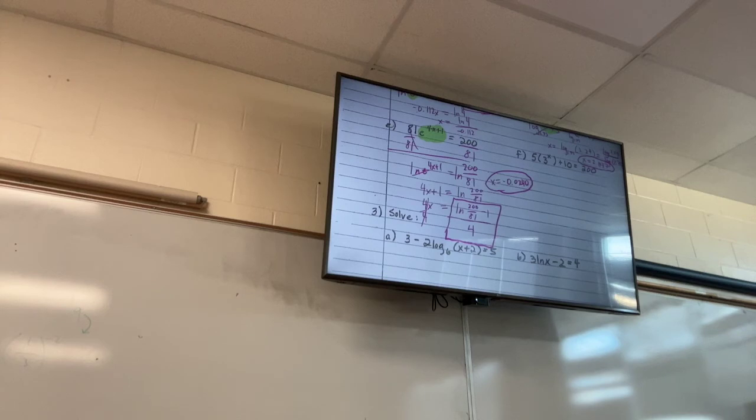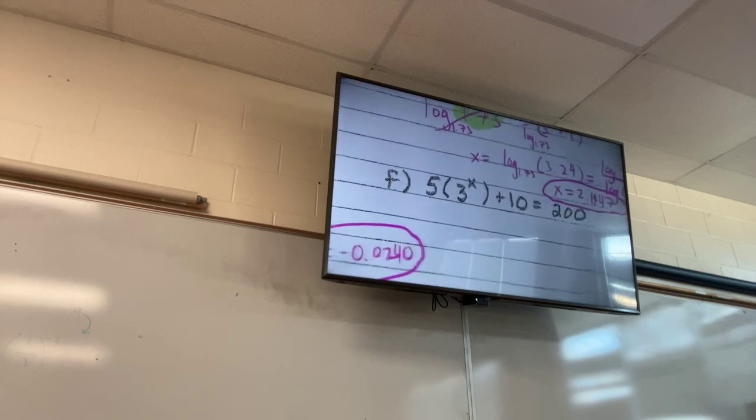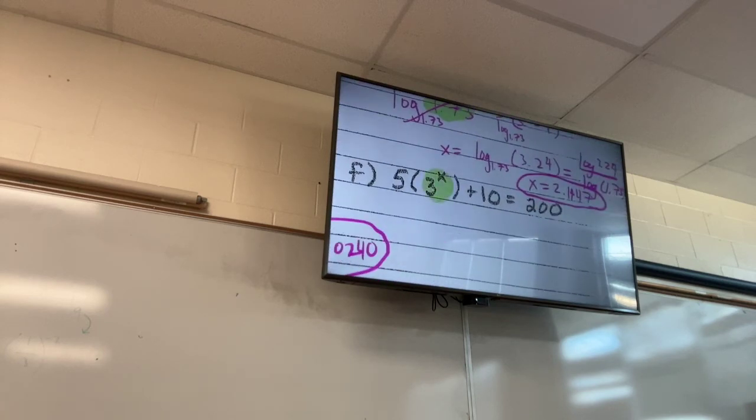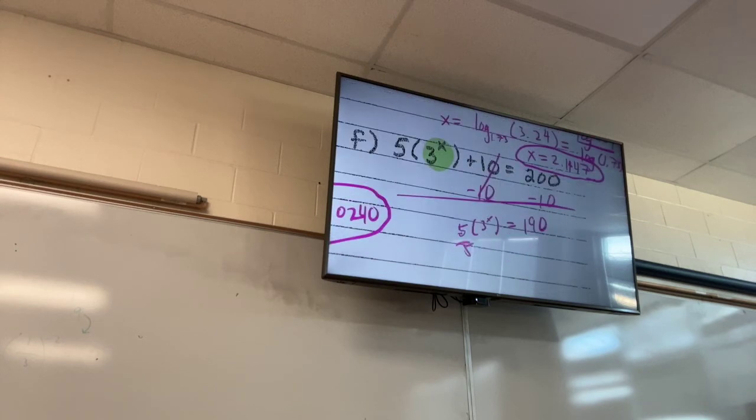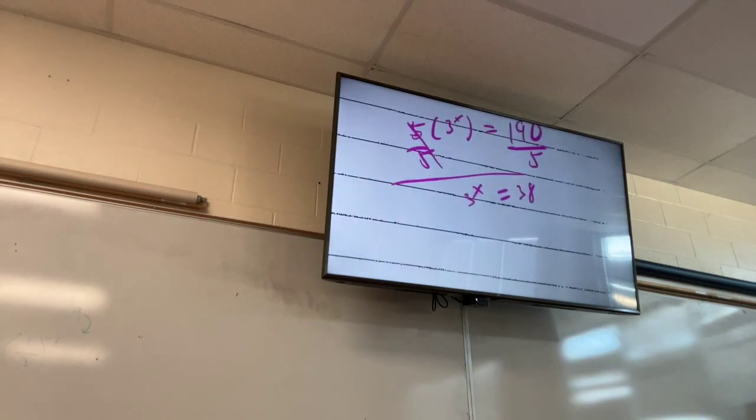On part F, I have to get just the exponential part by itself, right? So I'm going to subtract 10. Divide by 5. How do I break the x out? Log base 3 of both sides.